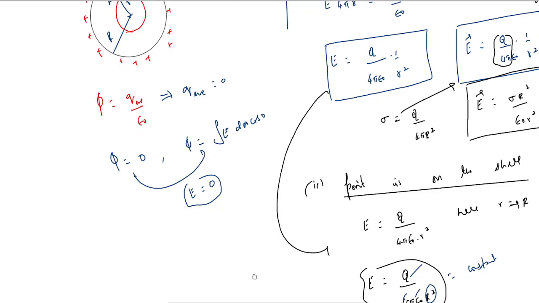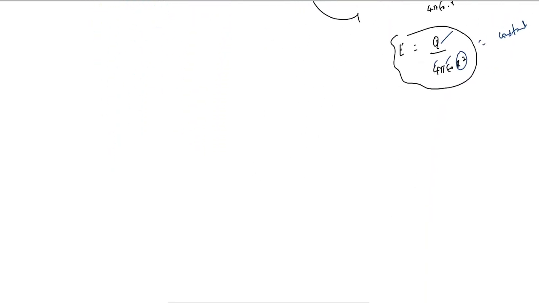If you plot a graph of electric field versus distance, where we plot distance along the x-axis, this is r, and the field along the y-axis.